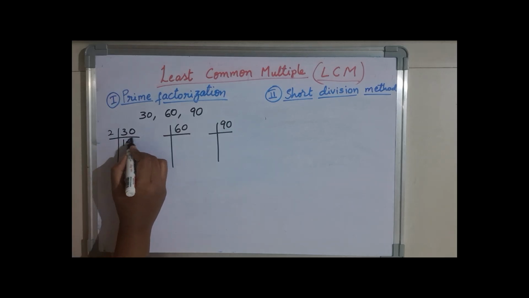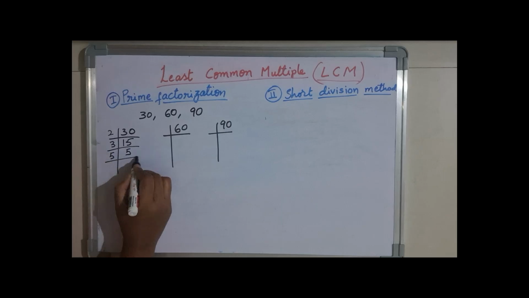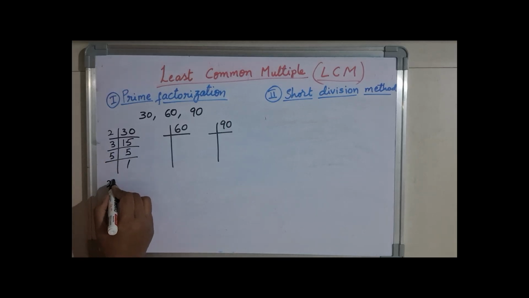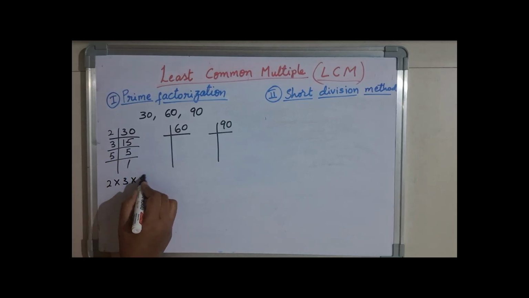2 fifteens are 30, 3 fives are 15, and 5 ones are 5. So here we have 2 into 3 into 5.